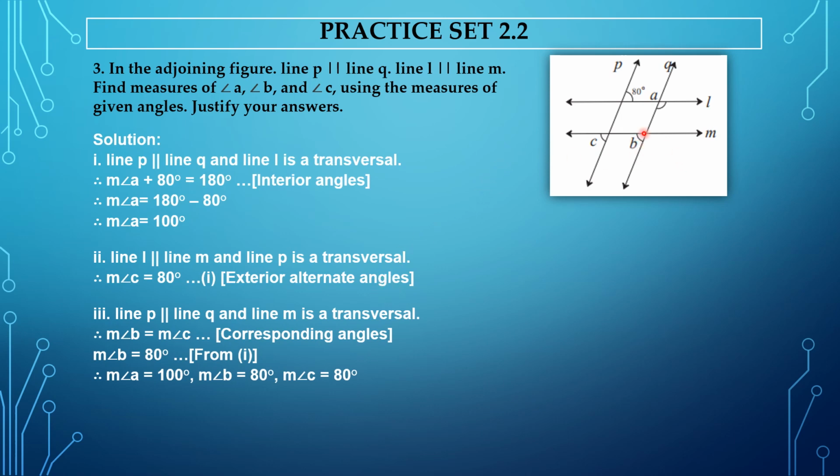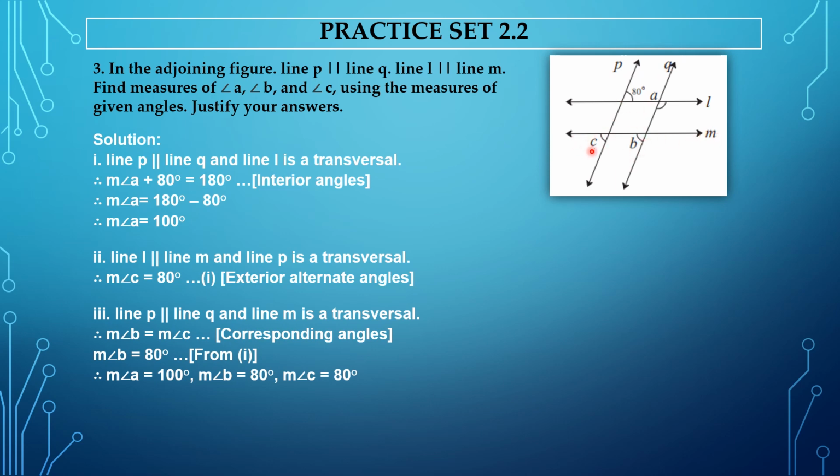Now let's find out angle B measurement. Now line P is parallel to line Q and line M is the transversal. I've taken these two as parallel and this as the transversal because you can see now there is a relation between angle C and angle B over here. They form corresponding angles. So I'll take these two parallel lines and line M as transversal.